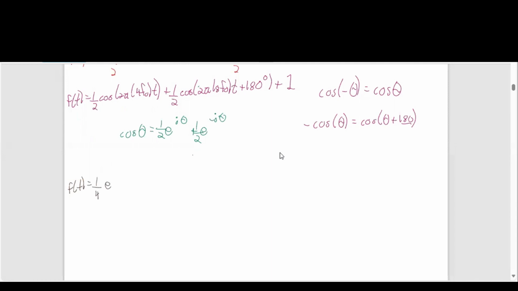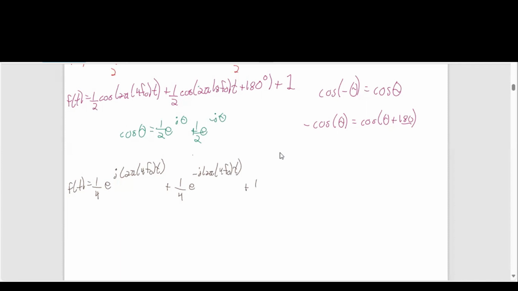And that'll be e to j, and as I said, everything inside the brackets is theta. Right, so the positive part, and this will be plus a quarter e to the minus j 2 pi 4 f naught t. Right, so add this piece.